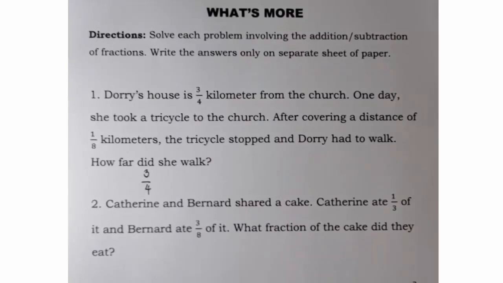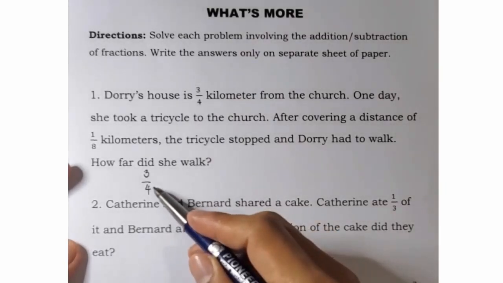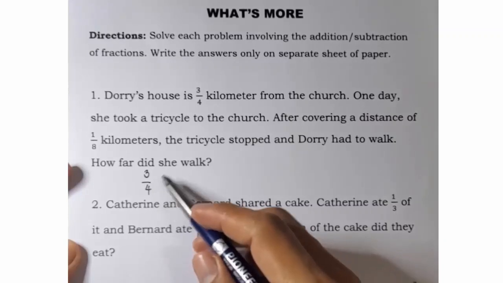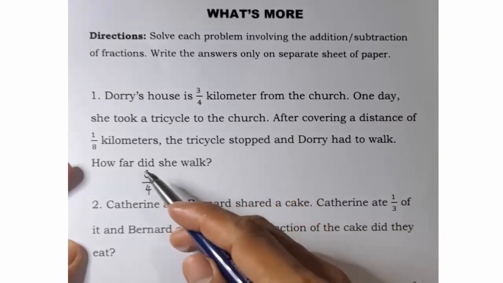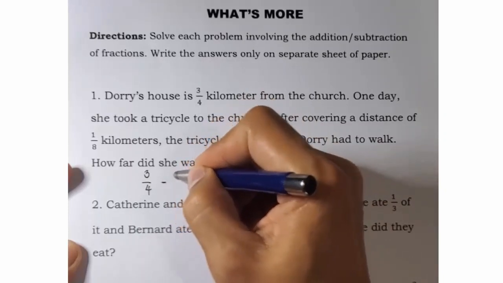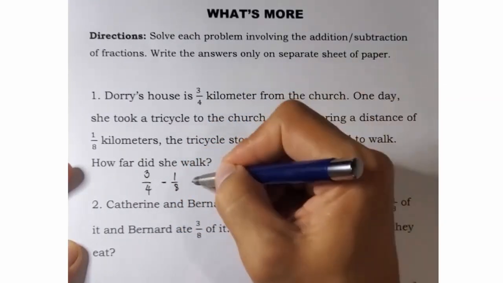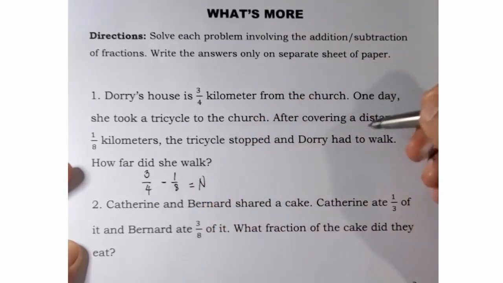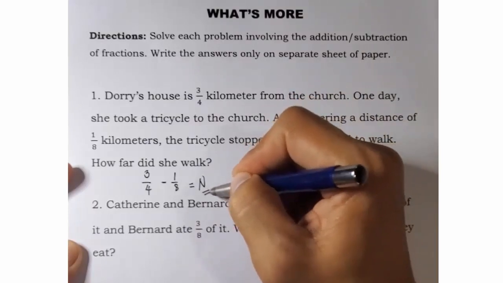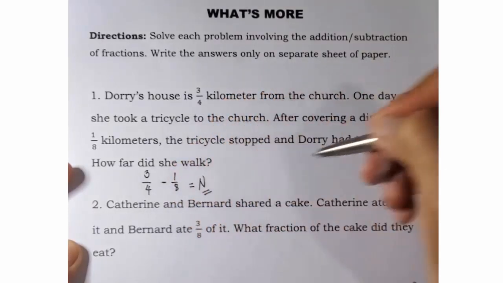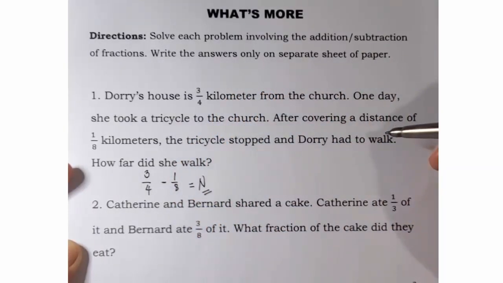To solve this problem, 3/4 is the distance of Doris' house to church. Then of course, she took a tricycle but it stopped after 1/8 kilometers. So you subtract 1/8 kilometer after the tricycle ride. Then what was left will be for Dory to walk. Okay? So the answer of this number sentence, 3/4 minus 1/8 is equal to n, would be the distance that she covered by walking.